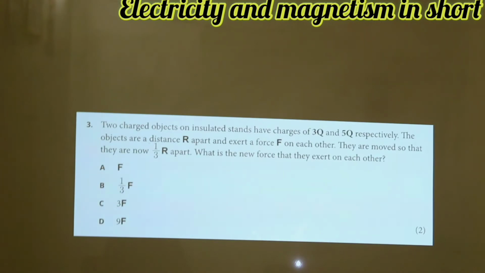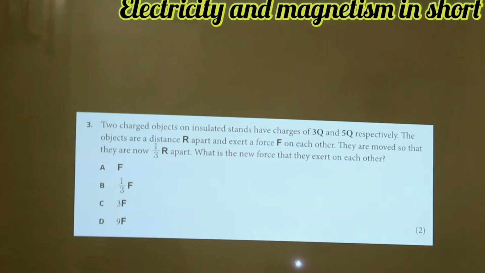So look at this question. There are two charges, 3q and 5q. Initially they are separated by a distance of r, and between these two charges there is a force F. Now they are separated by 1/3 r instead of r.